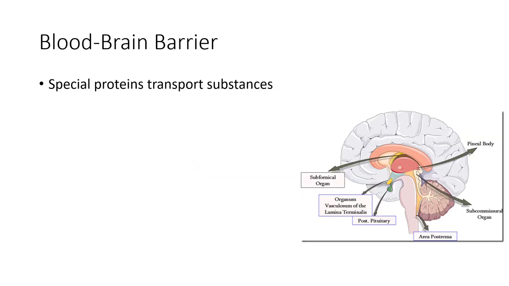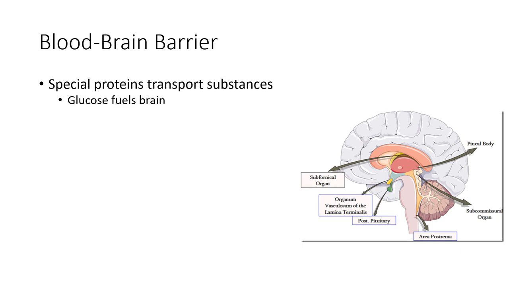As we saw in the last slide, within the central nervous system, those capillaries really don't have the gaps that exist everywhere else in the body. So what that means is that a lot of substances can't travel through those capillaries. So some substances will bind with special proteins in order to travel through the capillaries. So for example, glucose fuels the brain.